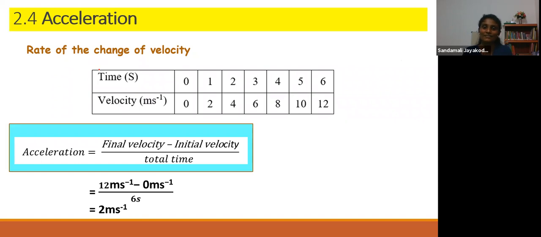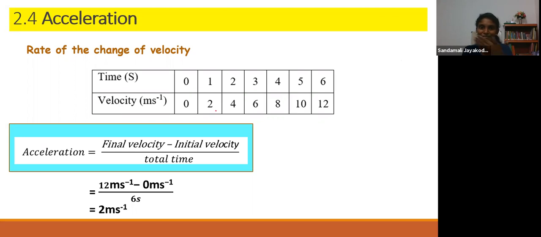Velocity is increasing. Here, you can see the time is mentioned 1, 2, 3, 4, 5, 6. Those are seconds. And then velocity is increasing. At the first second, velocity is 2 meters per second, then 4 meters per second, then 6 meters per second.